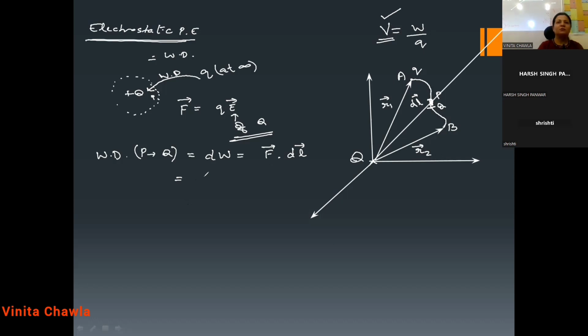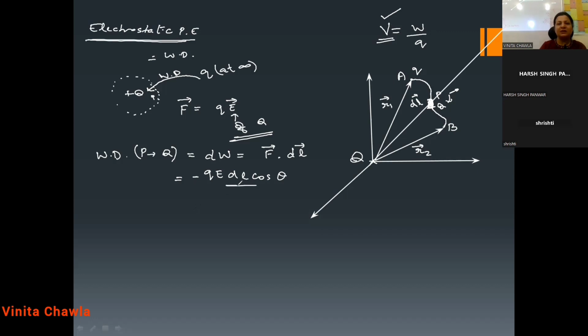And one more thing. See, we are taking this displacement, and the force is acting in this direction. So we will take that component of dl which is in the direction of force. So it's QE dl cos theta with a negative sign because they are acting in reverse direction.